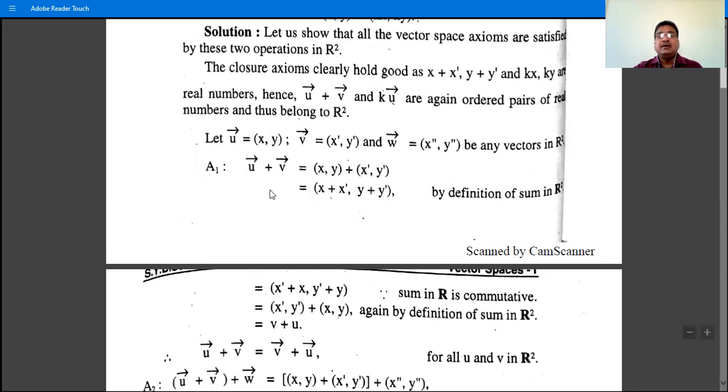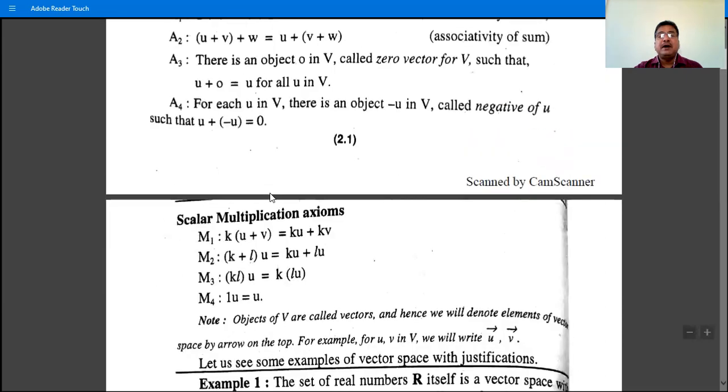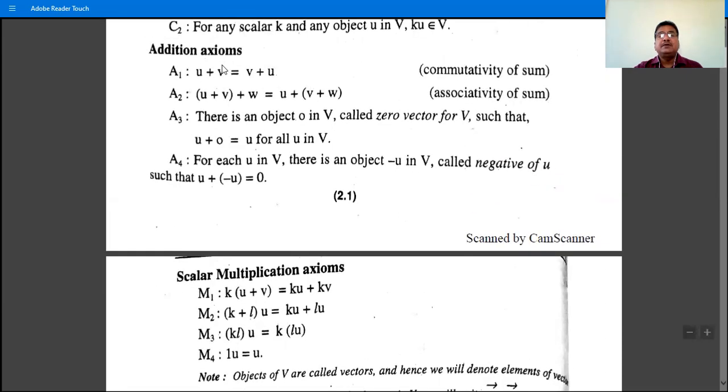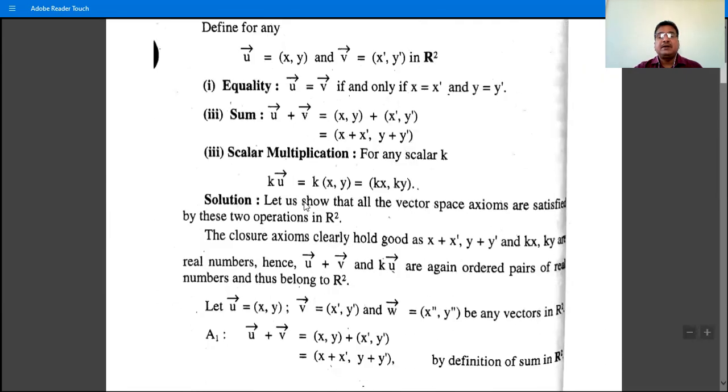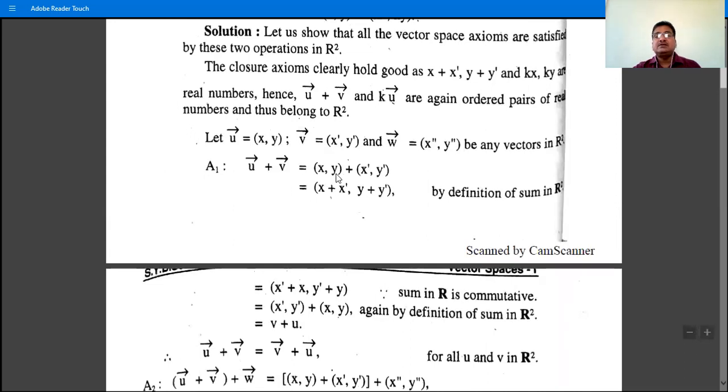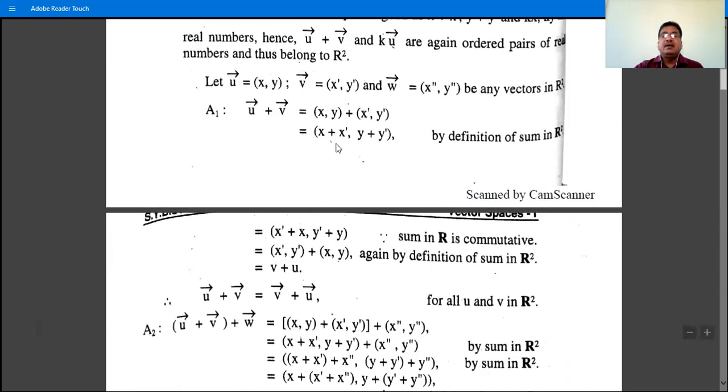So we have to prove first that ū plus v̄ is equal to v̄ plus ū. So what is ū plus v̄? (x, y) plus (x dash, y dash) is the ordered pair (x plus x dash, y plus y dash), the addition of these two. And obviously we can write x plus x dash as x dash plus x, because addition in R is commutative.